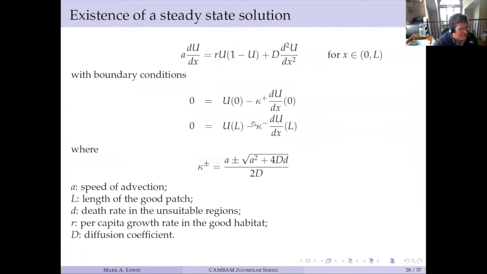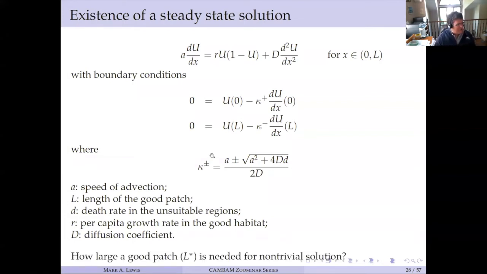So the idea is that we're now looking for the existence of the steady state solution on a finite domain that goes from 0 to L with these boundary conditions. The boundary conditions involve the death rate, the diffusion coefficient, and the advection speed here. This makes the mathematics a little bit easier. We don't have to look at it on the infinite domain.